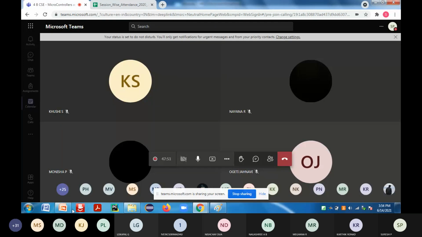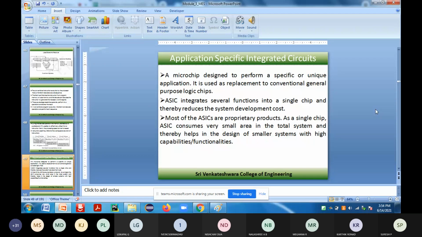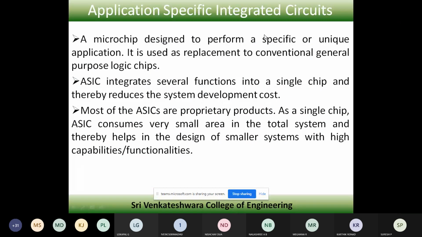Now, when it comes to the ASIC, application specific integrated circuit, as the name indicates, you are going to have the IC, and that particular chip is going to perform one application, one unique application.